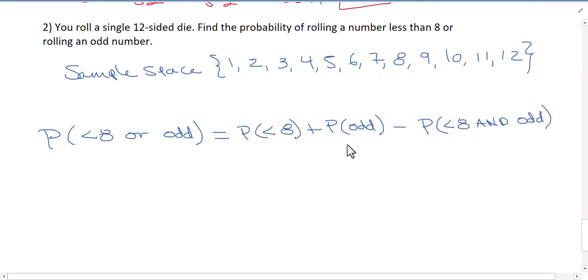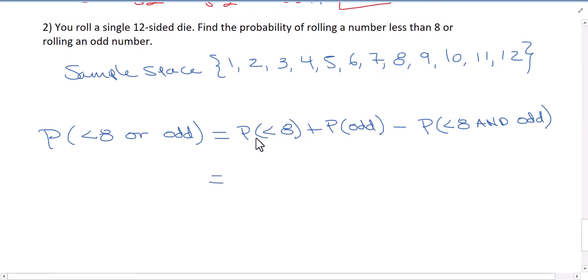It's a good idea to always write the full addition rule, including the minus the probability of A and B. And then if they're mutually exclusive, you'll just know that that is 0. But I'd rather you write the full formula than assume they're mutually exclusive and forget that. So always write the whole thing. If they're mutually exclusive, you'll find out that you won't need that, but I'd rather you not forget it.